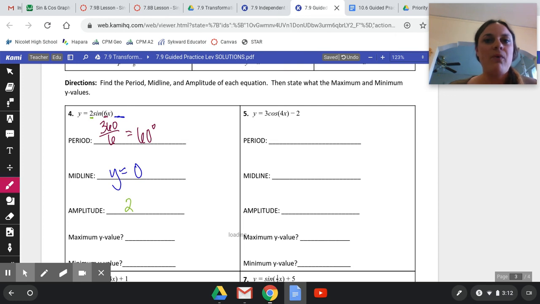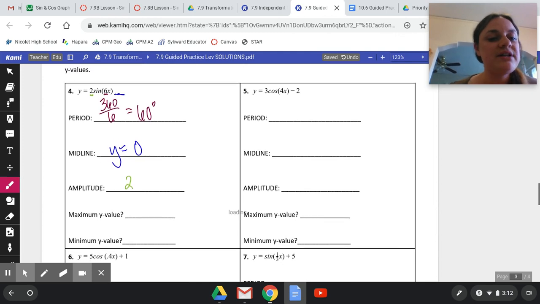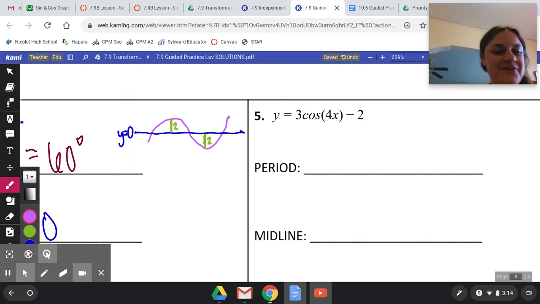Okay, so now I have to think about where my highest value and my lowest value would be for my y values. So I'm going to take a minute and just draw a rough sketch of this graph. Okay, so on here, you can see that I did just a very rough sketch. I didn't draw in the axes. I just drew in the midline, which is at y = 0, and then my amplitude.